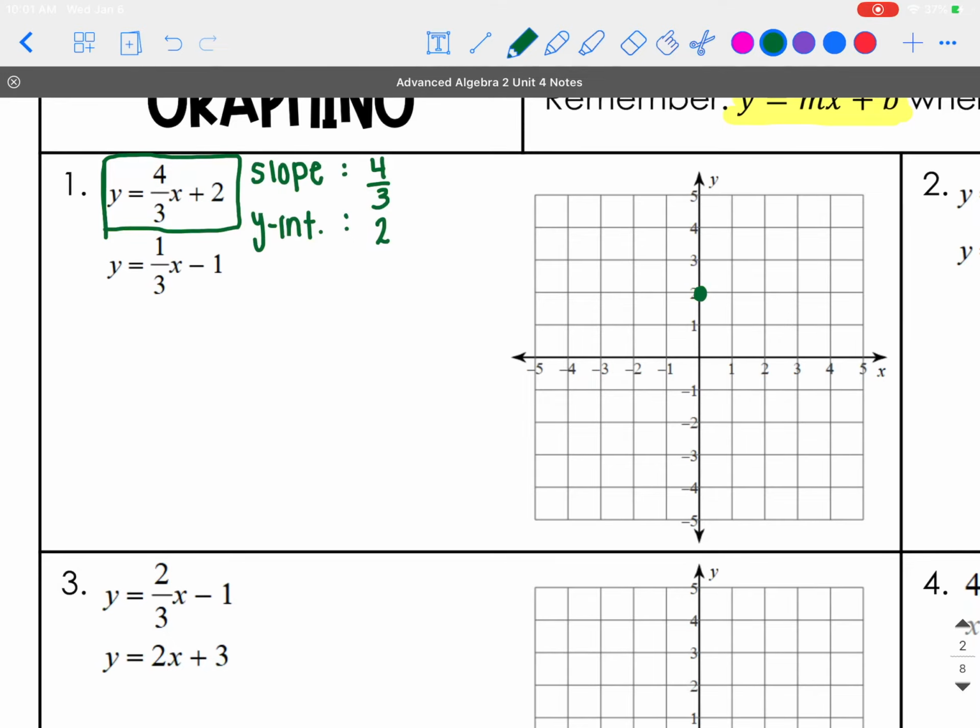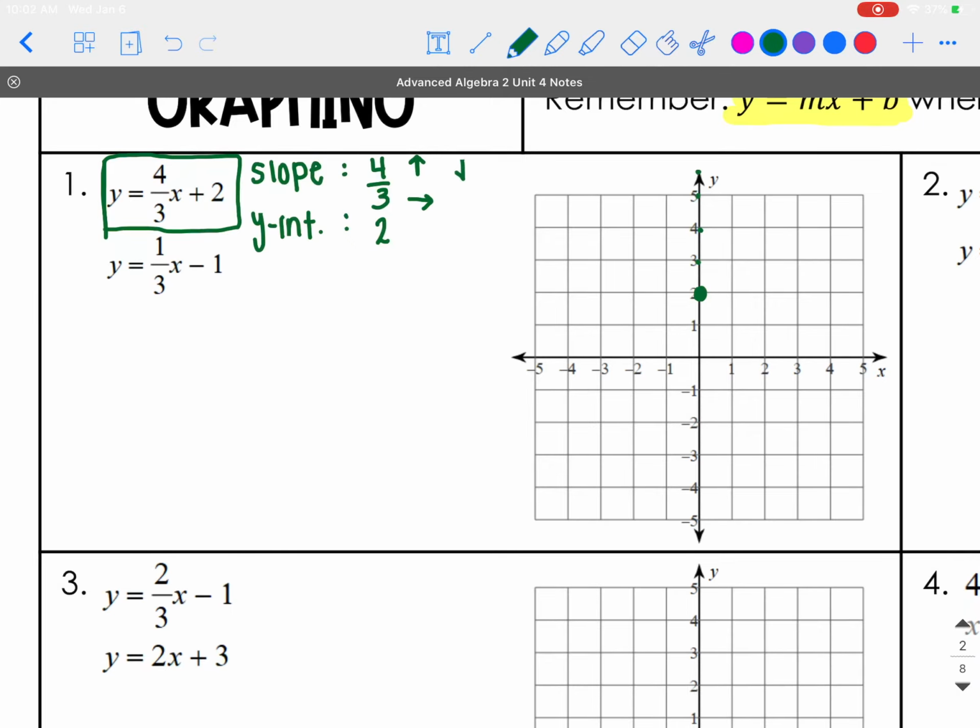So a positive 4 means we're going to go up 4, and a positive 3 means we're going to go right 3. So if I try to go up 4, I'm going to end up outside of the graph. So sometimes it doesn't work. And what you do is you can change the direction. But if you change the direction, you have to change both of them.